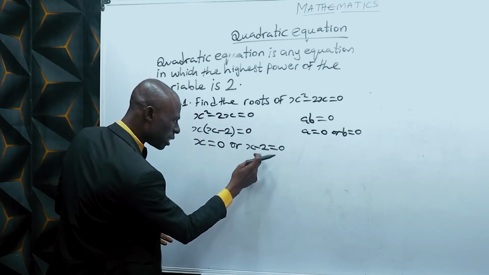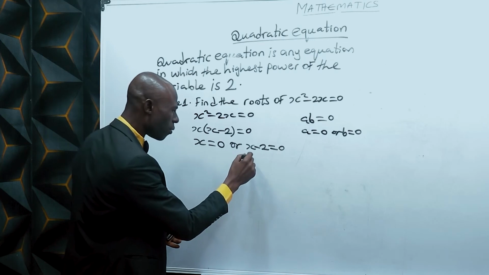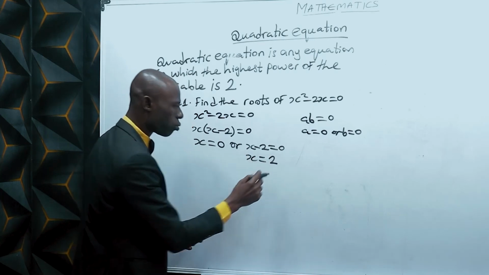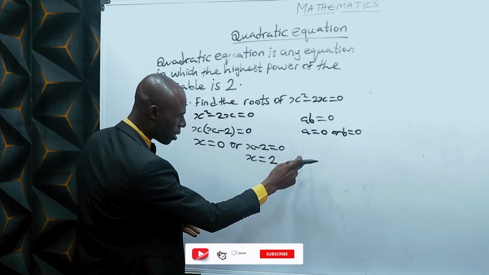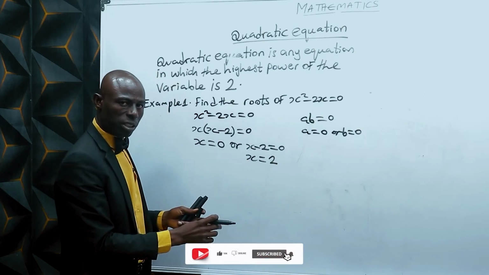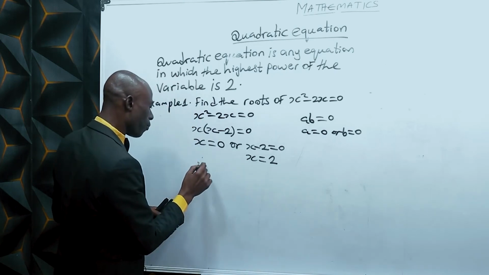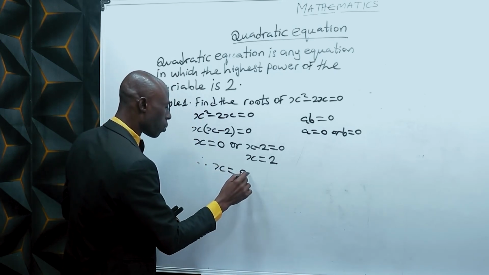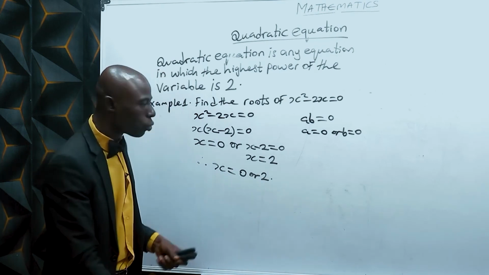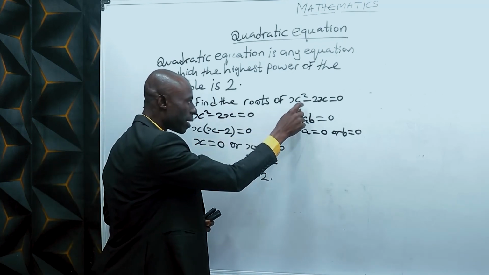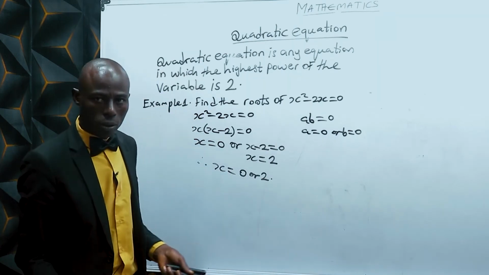Then this is a simple linear equation. Finish it. You have x equals 2. Collect the like terms. You take this minus 2 to the other side, which makes it become positive 2. So that is why it is. You say, therefore, x is equal to 0 or 2. So 0 and 2 are the roots of the quadratic equation x squared minus 2x equals 0.